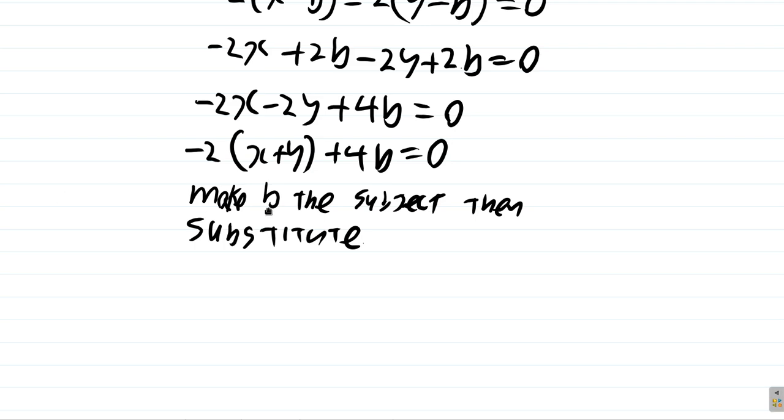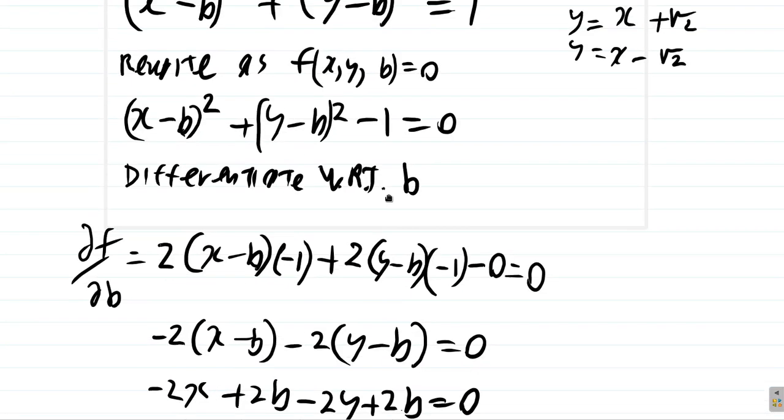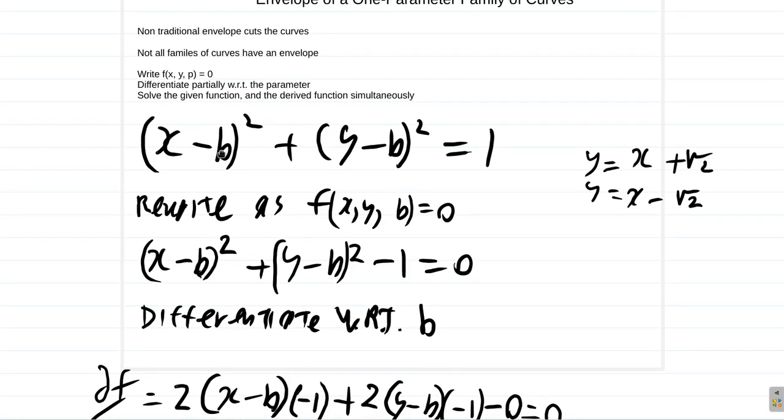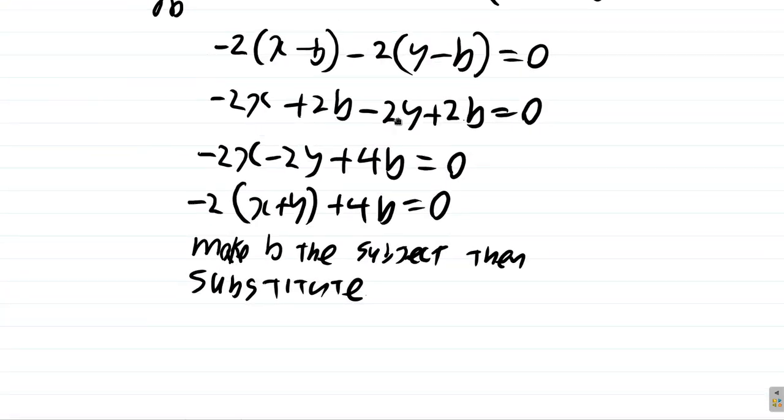So if we say b is equal to this and that and the other x and y, and we could put that with the x and y here. So we would have gotten rid of b, the parameter. Alright?